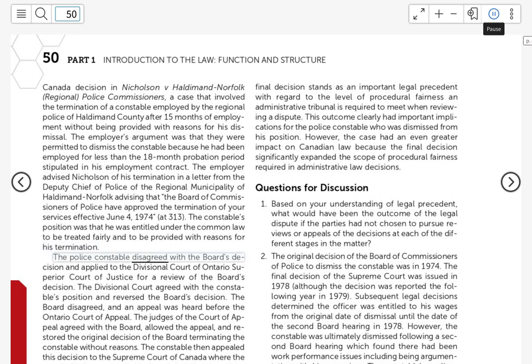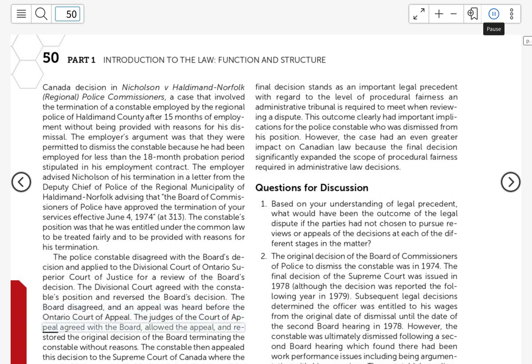The police constable disagreed with the board's decision and applied to the Divisional Court of the Ontario Superior Court of Justice for a review of the board's decision. The Divisional Court agreed with the constable's position and reversed the board's decision. The board disagreed, and an appeal was heard before the Ontario Court of Appeal.